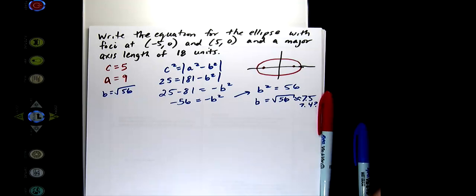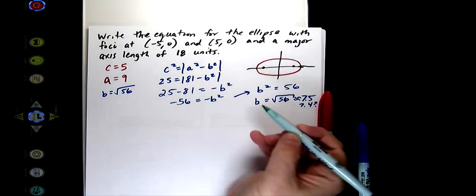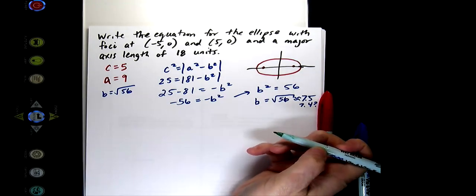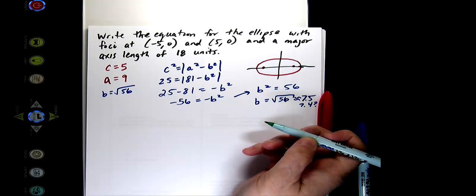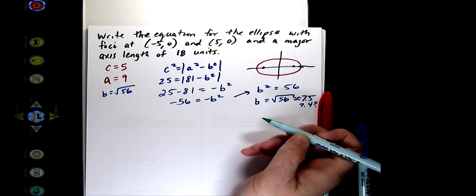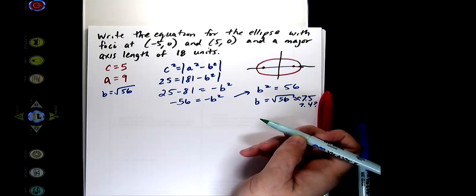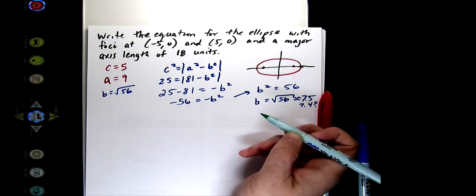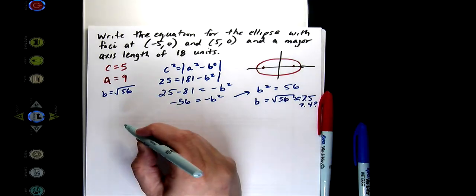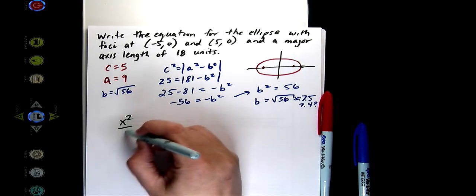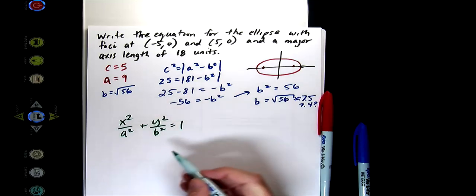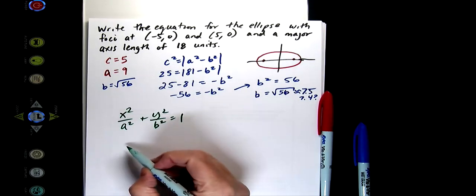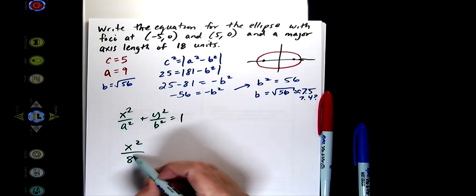All right, so what's my equation here? What's the general form without plugging anything in? X squared over a squared plus y squared over b squared. And so what does that mean for this equation? X squared over 81 plus y squared over 56 equals 1.